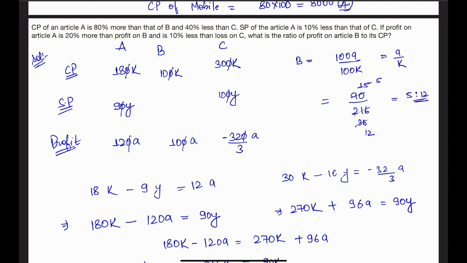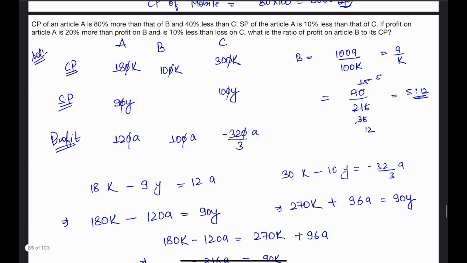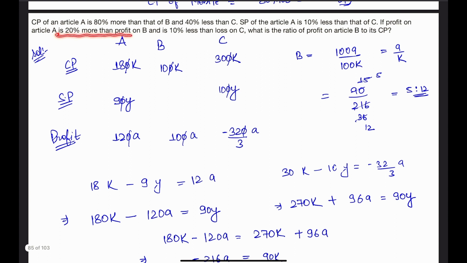The mistake is in this statement: if the profit on the article is 20% more than the profit on B, so if I take 100, 120, correct, and is 10% less than loss on C. So I was correct with the statement which I was confusing, that A is 80% more than B, and because this is still a comparison with A only, 40% less than C. Similarly in this line it is said that A is 20% more than profit on B, so we have done that, but then it is 10% less than on C.